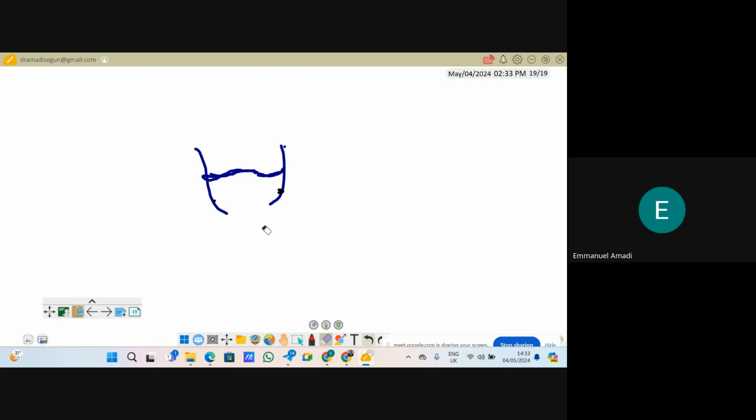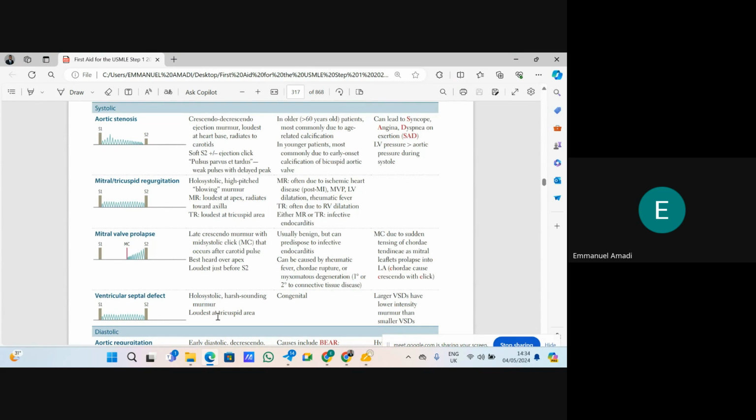Of course, there will be regurgitation. It will definitely collapse because of that support that is gone. Regurg happens. So that is why mitral regurgitation is very common in myocardial infarction.